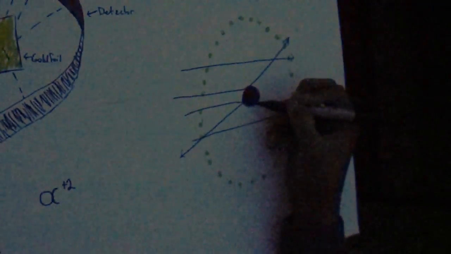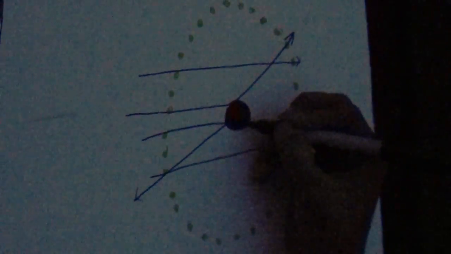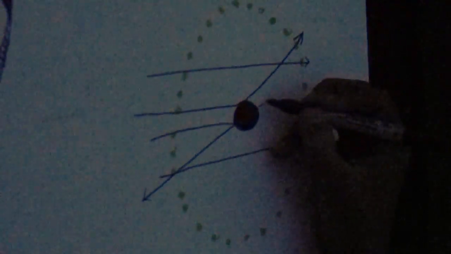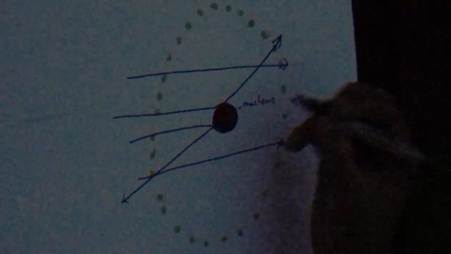Rutherford said that there were originally only protons in the nucleus that deflected them. Whereas here in the nucleus, there are protons and neutrons.